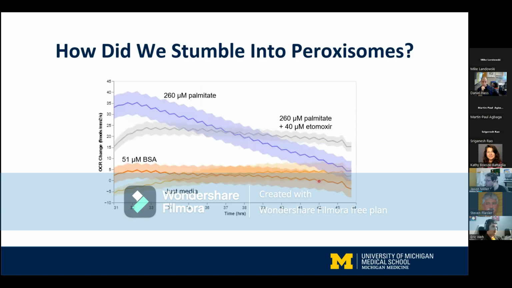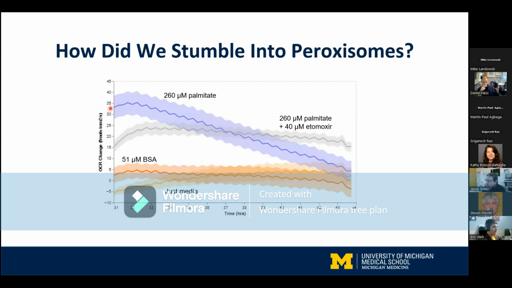And yet, when we put etomoxir on our cultures, on the y-axis here you see the delta OCR. Here we just have media, and here, because we deliver our palmitate with BSA, and we wanted to make sure the BSA alone wasn't contributing to any OCR spike, we are just delivering the BSA, which doesn't cause a meaningful increase in OCR.